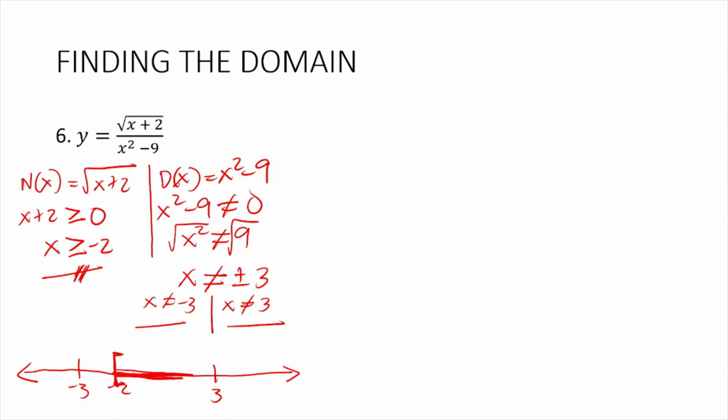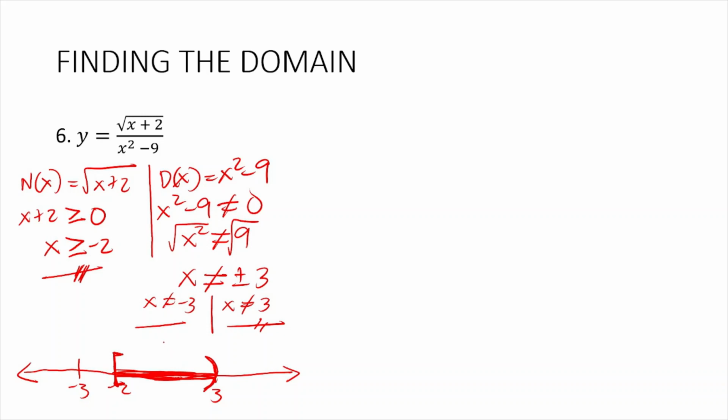However, we need to stop at positive 3, because according to this condition, x must not be equal to positive 3. So at this point, we draw a parenthesis, right? This means that positive 3 is not included in the domain.